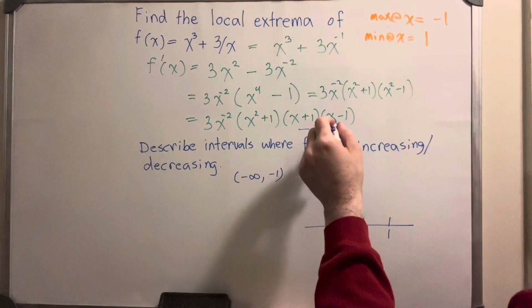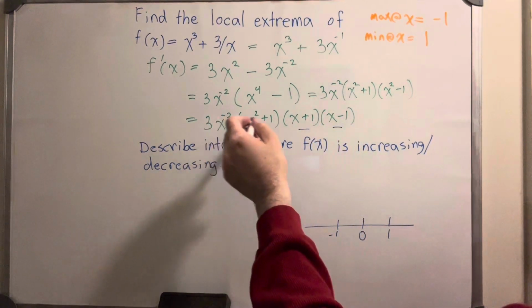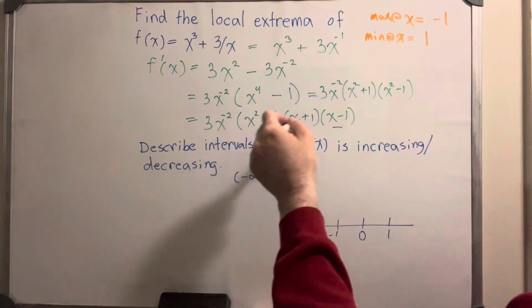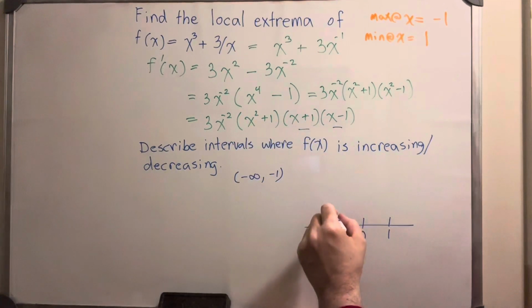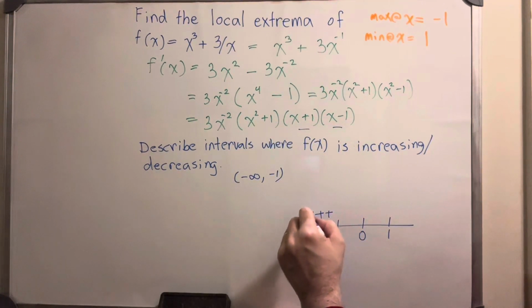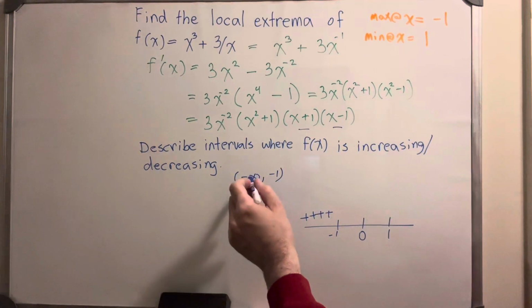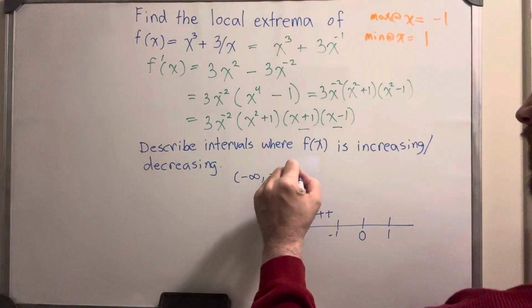And a negative number subtracting 1 would also be a negative number. So two positive values give a positive value. The two negative values would become positive. A positive times a positive is a positive. So we can say that on the interval from negative infinity to negative 1, f of x is increasing.